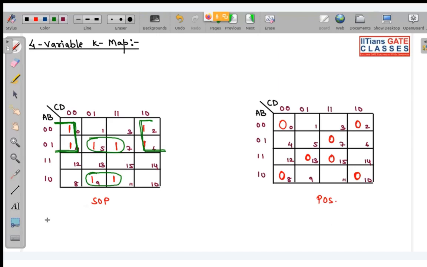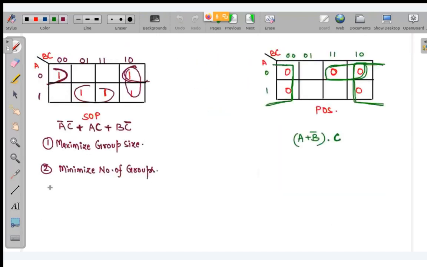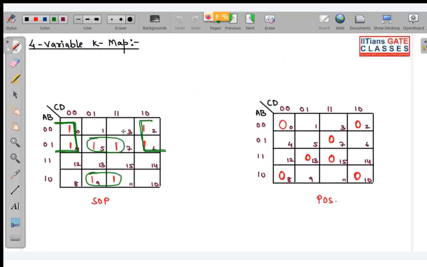See, my first and foremost condition was what? Maximize group size and minimize the number of groups. So here I have violated one thing. If you see this group, I could have grouped it like this. Then my number of groups is still 3.